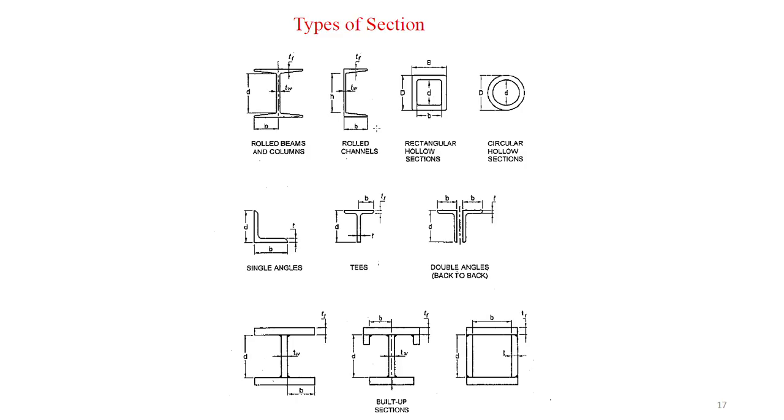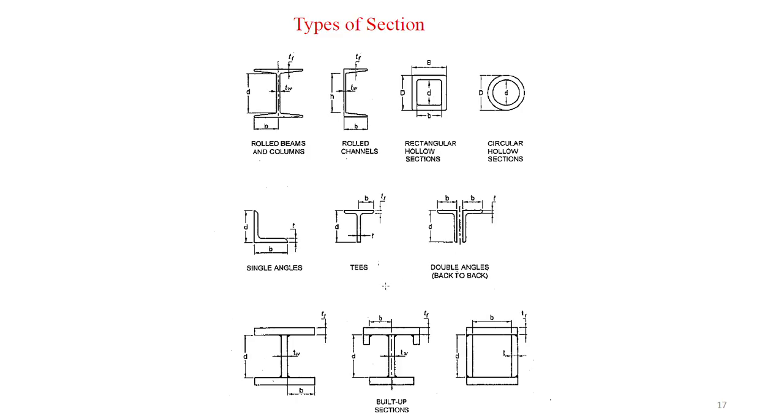Similarly for channel sections, rectangular tubular sections, and circular hollow sections, we can see different sections having different cross sections. We can see here rolled mill sections, angle sections, T sections, or double angle sections.